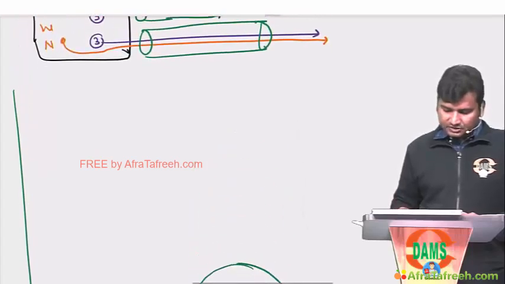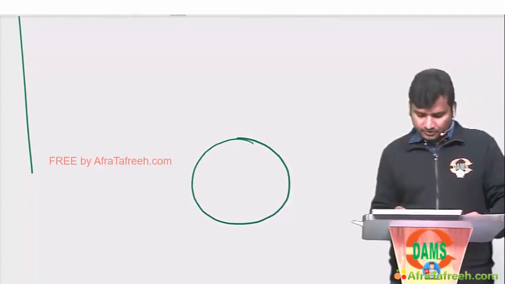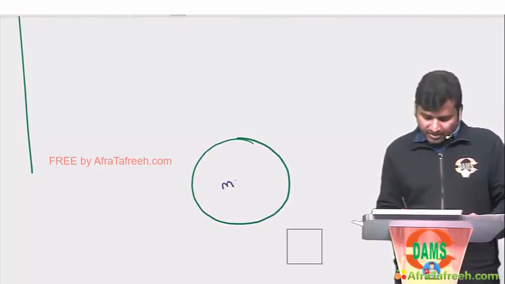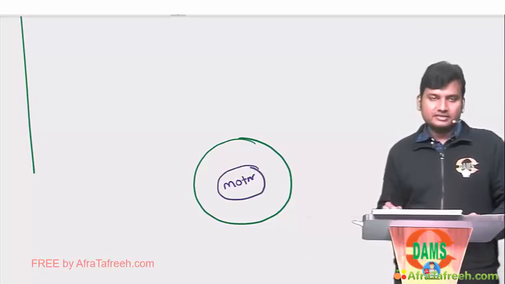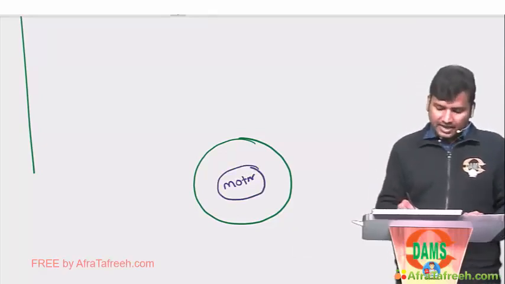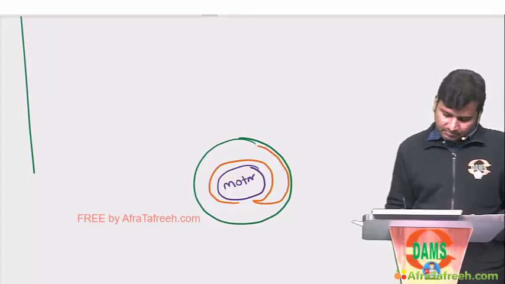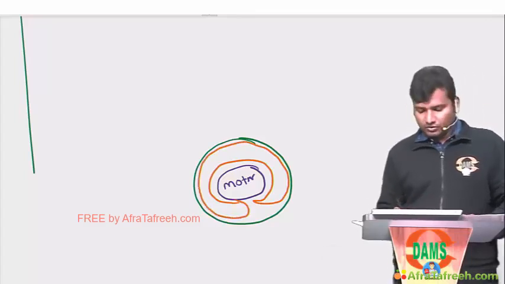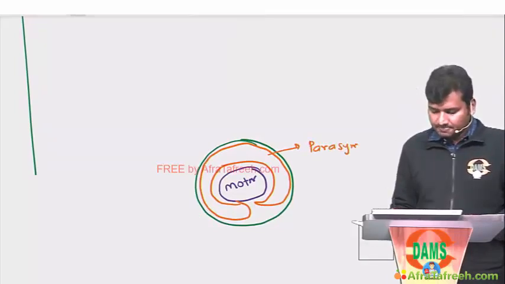If I see the section, then the arrangement of fibers is like this. Motor fibers are present in the center of the nerve, and parasympathetic fibers are present surrounding the motor fibers. So these are the parasympathetic fibers.